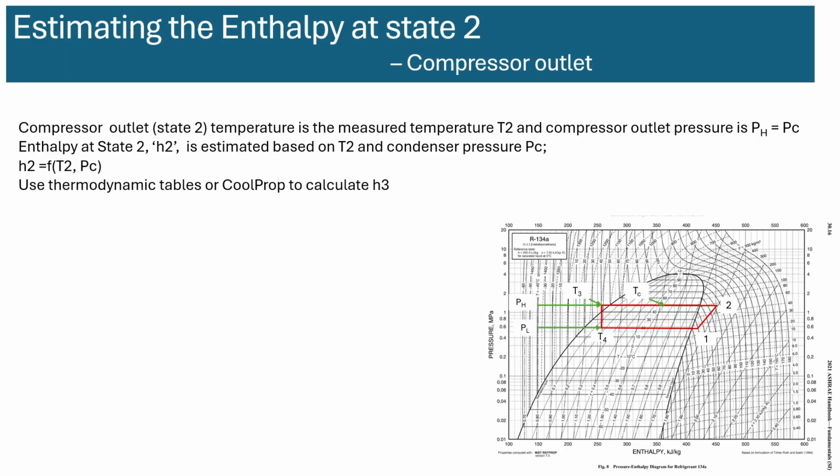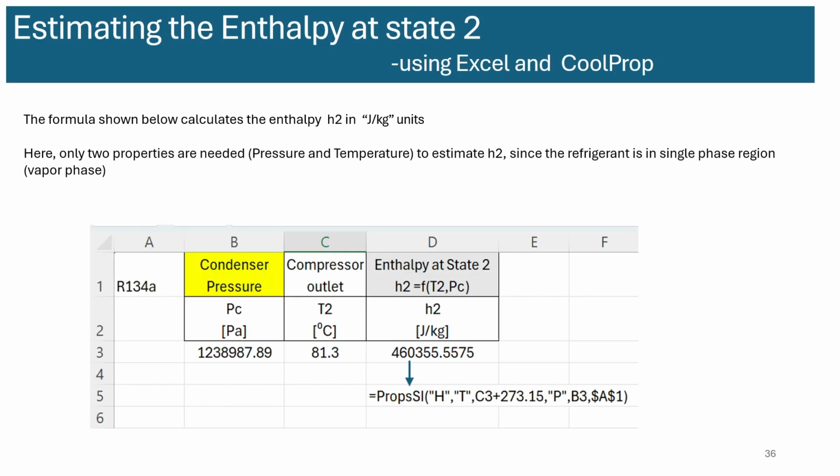For the outlet temperature, we will use the measured temperature T2. In this case, the pressure at the outlet is the same as the condenser pressure. So we have a temperature and a pressure. We can easily calculate the enthalpy because it's again in a single phase region. We'll be using CoolProp to estimate that. Suppose you have the pressure of the condenser and the temperature at the outlet of the compressor.